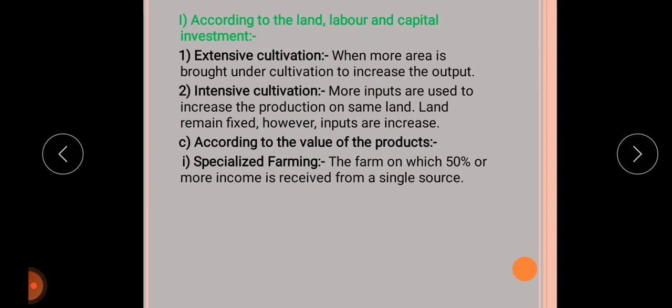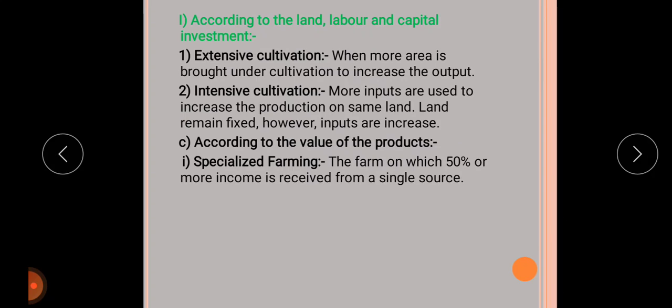Then according to land, labor and capital investment: in extensive cultivation, more area is brought under cultivation to increase the output. In intensive cultivation, more inputs are used to increase the production on the same land.